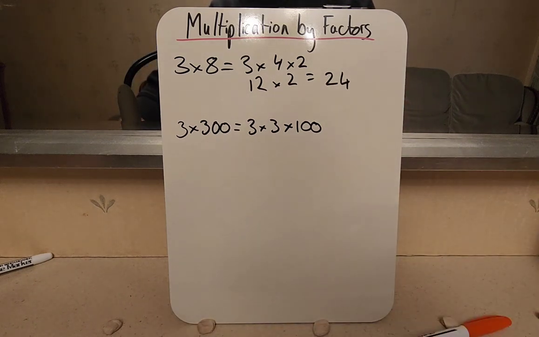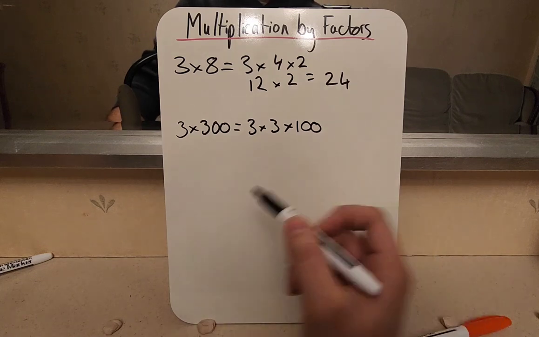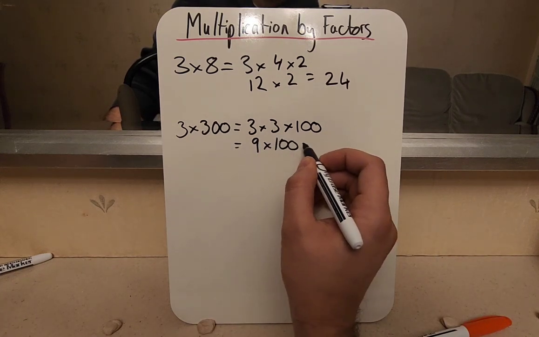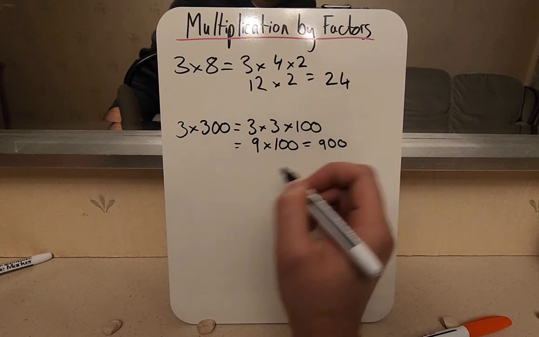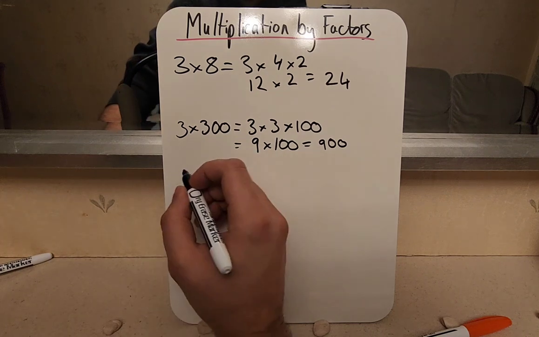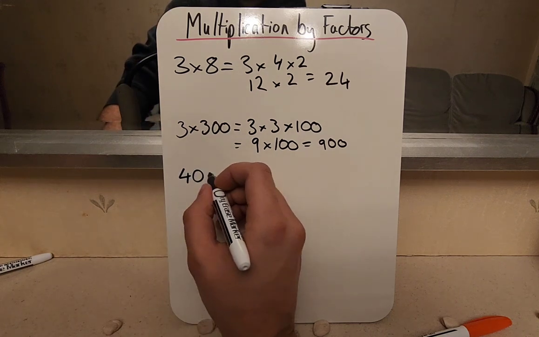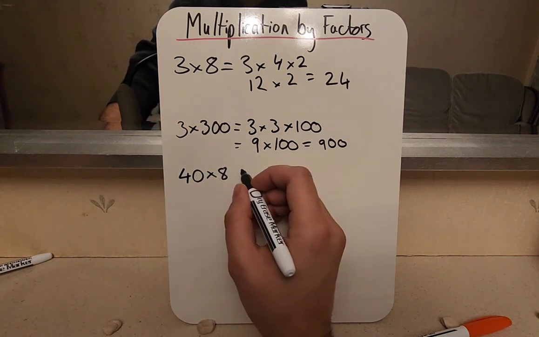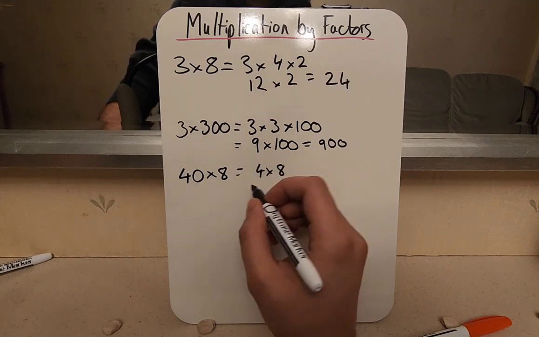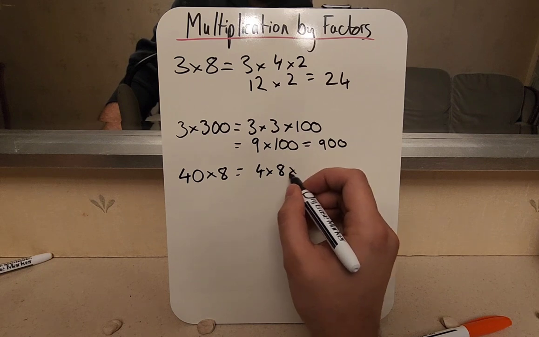What we're really doing here is breaking it up into factors and seeing 9 times 100 and coming to our answer of 900. We might also use it in other examples with numbers that end in 0. For example, 40 times 8: we're going to look at this as 4 times 8 times 10.